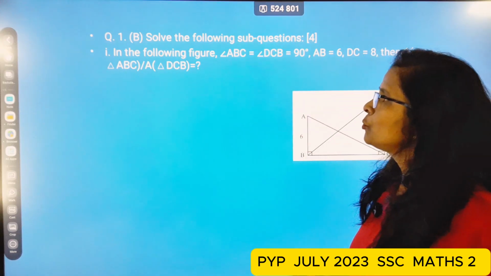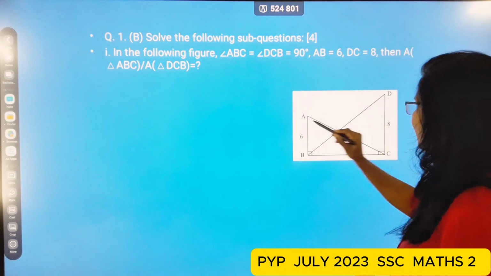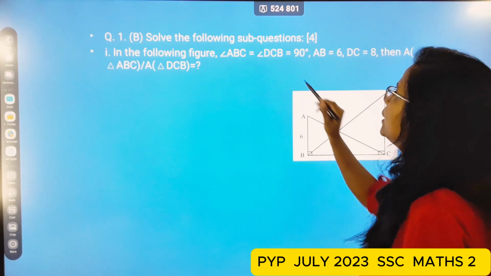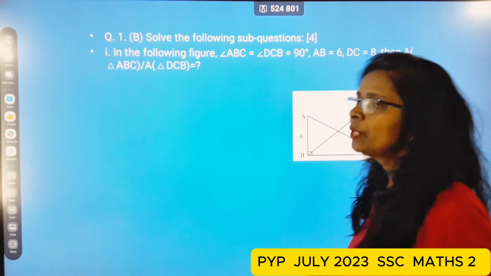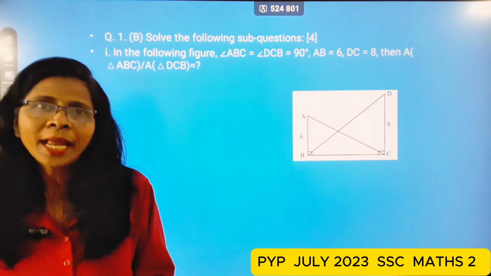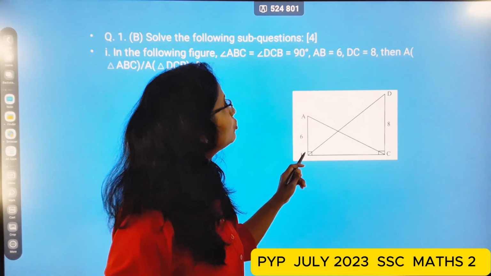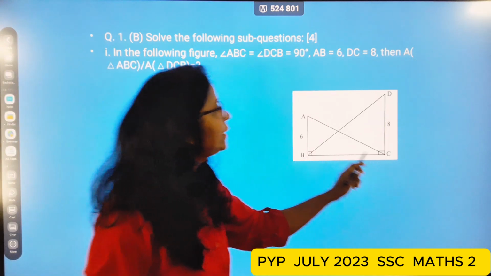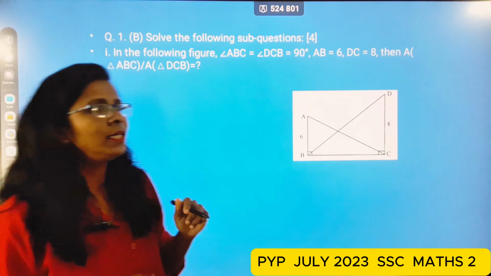Now here students, in the following figure, angle ACB is equal to angle DCB, which is equal to 90 degree. AB is equal to 6, DC is equal to 8. Then we have to find the area of triangle ABC divided by area of triangle DCB.